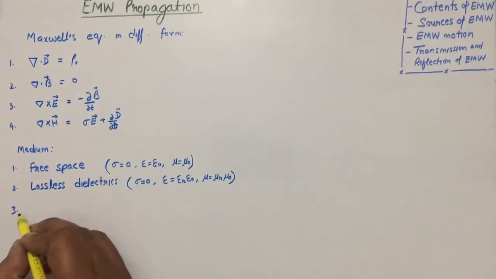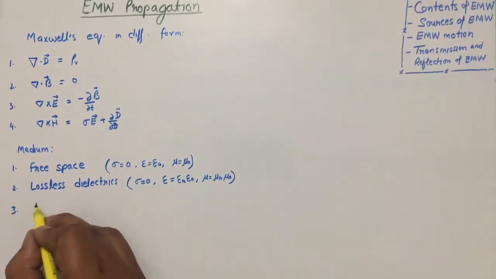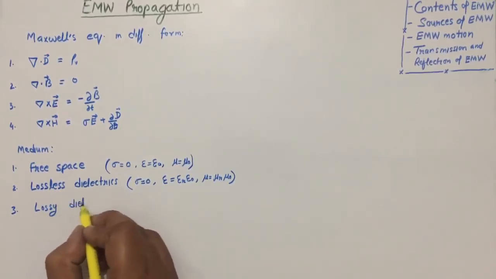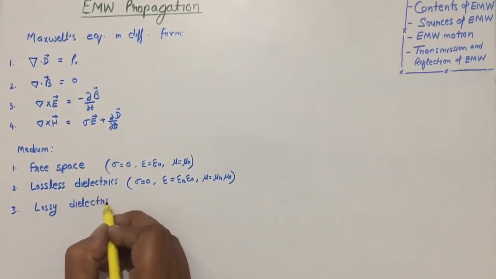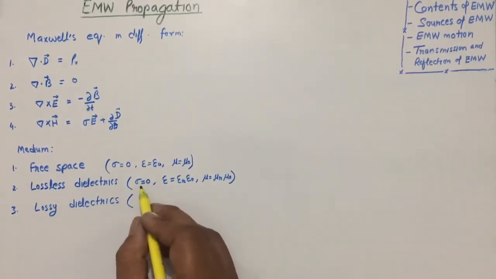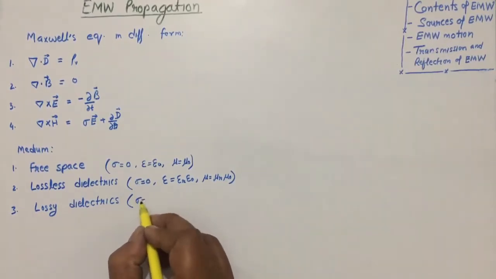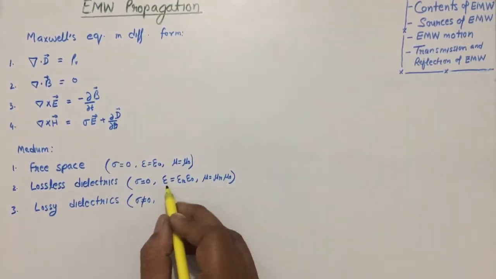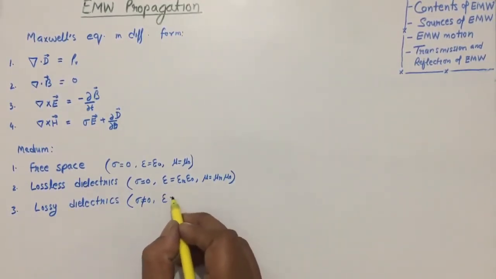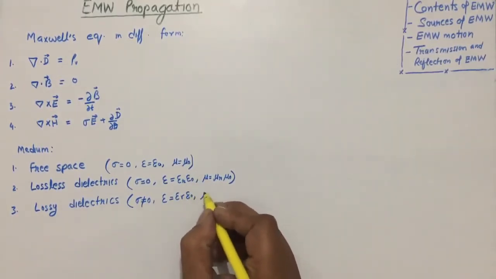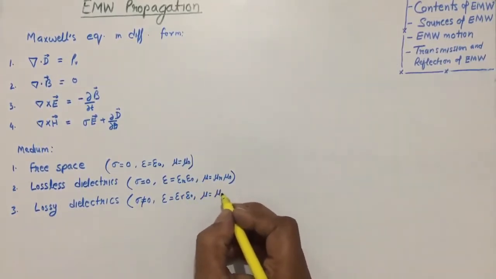Now the third medium that we are going to consider is lossy dielectrics. In the case of lossy dielectrics, the conductivity will not be zero, and as it is a dielectric, these two terms will remain like this.